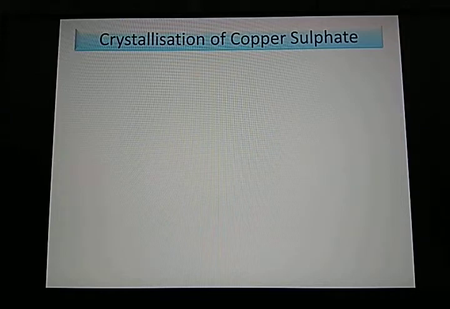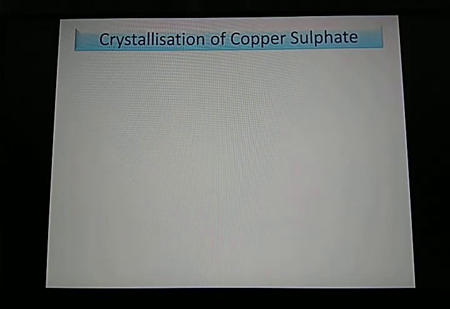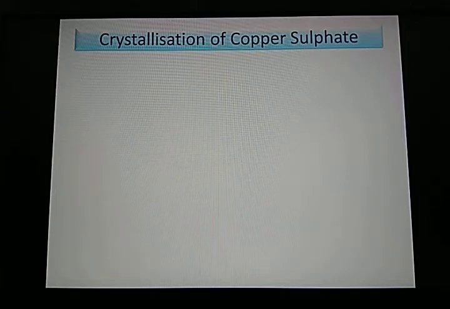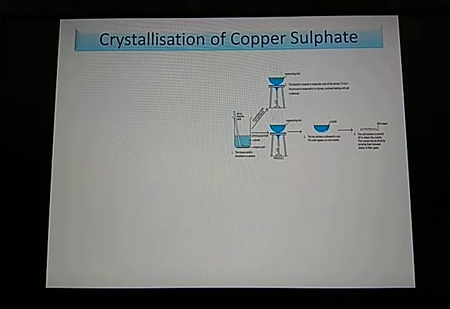For that, we have to follow a process called crystallization. Through crystallization, we can purify impure solids into pure form. Not only copper sulfate, there are many other substances we can purify from impurities through crystallization. So copper sulfate is just an example.